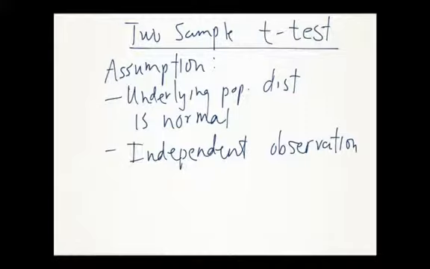All right. So what does the test statistic look like? So the basic form of a test statistic is, as we saw before for the one sample case, now we're just extending it to two samples.